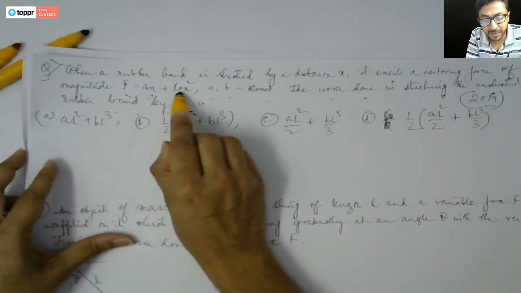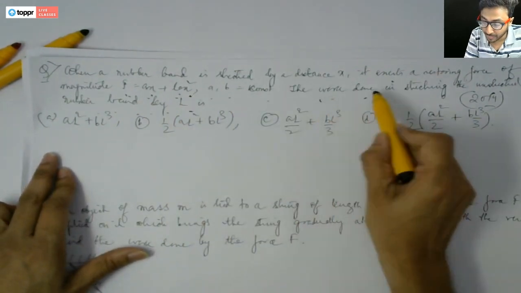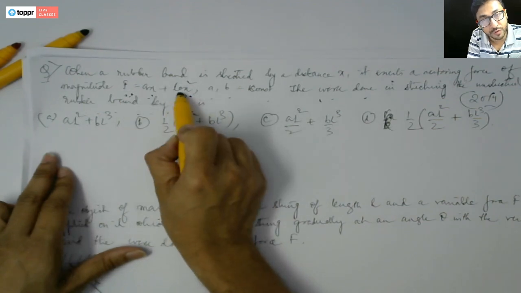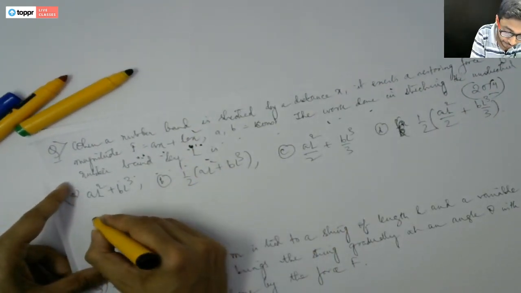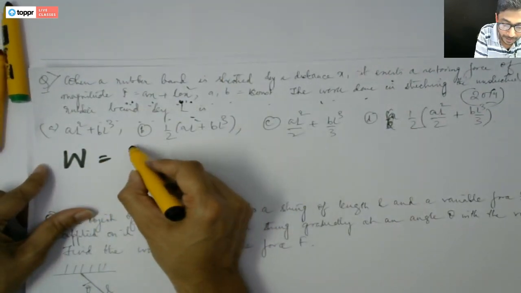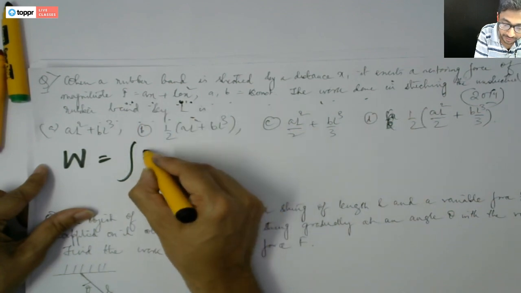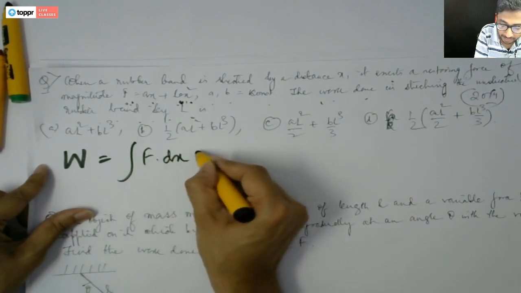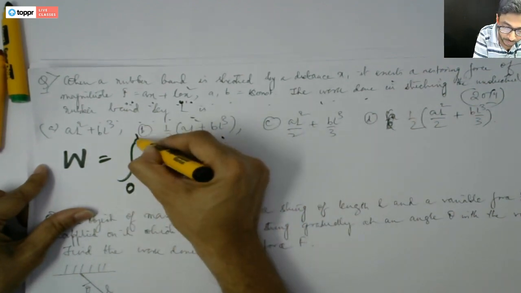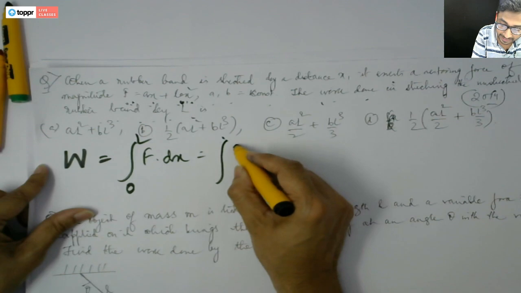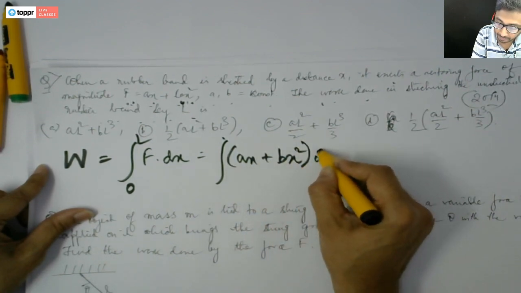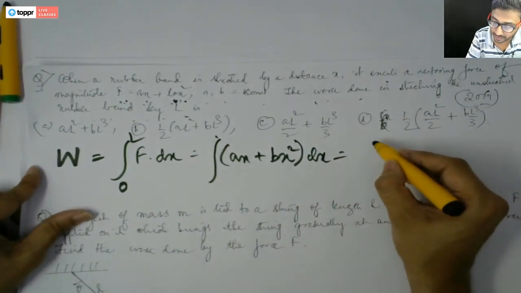Force is ax plus bx squared and the total stretching is L. Now force is itself a function of x. So for calculation of work done, we write work equals the integration of F dx, and the limit will be from 0 to L. This is ax plus bx squared.